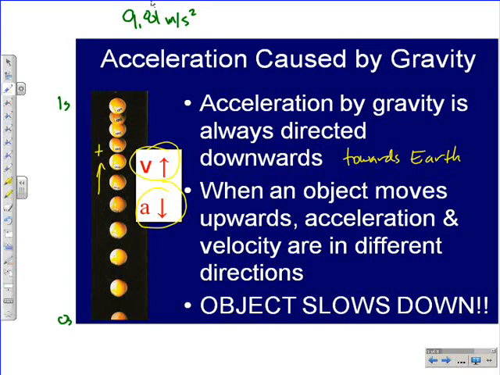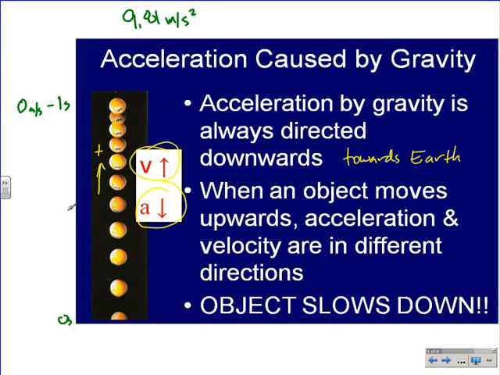Knowing that gravity causes an acceleration of 9.81 meters per second squared, I can tell how fast this object is going in the very first picture. If I know up at the top of the motion, the velocity has to be 0, because, as we've discussed, that object stops just for an instant, not very long, but it does stop.